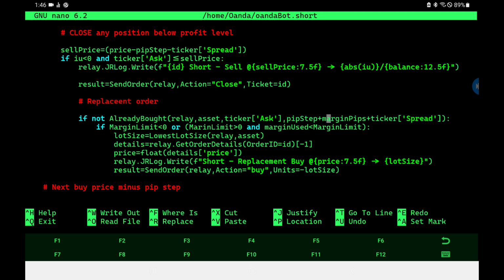So if we have a $20 margin, then along with the 7 pips that we have from the spread, this is going to add an additional 20 pips required for the purchase. So if we have a $20 margin, then in order for this replacement purchase to take place, price must have moved 27 pips.